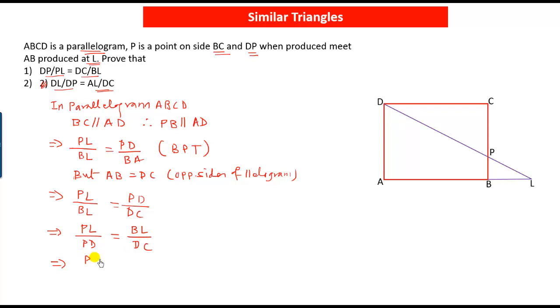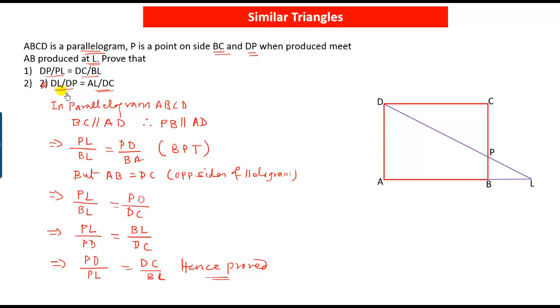So PD upon PL is equal to DC upon BL, hence proved. And therefore it is proved that PD upon PL is equal to DC upon BL.